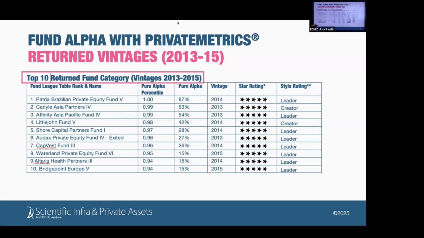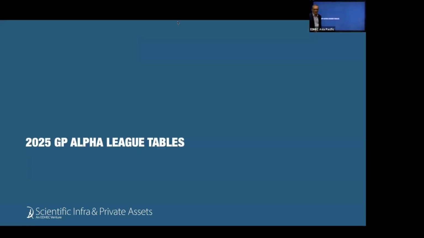So your interpretation is as good as mine, whether the more recent funds have higher alpha because their NAVs are overinflated, or because they perform better, because the best of the best funds today are even better than the best of the best funds 10 years ago. Both are probably possible. But anyway, that's what happens when we calculate alpha, pure alpha and total alpha, and beta for hundreds of funds, and we can make this kind of classification.